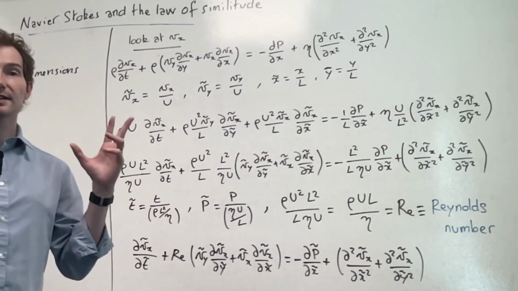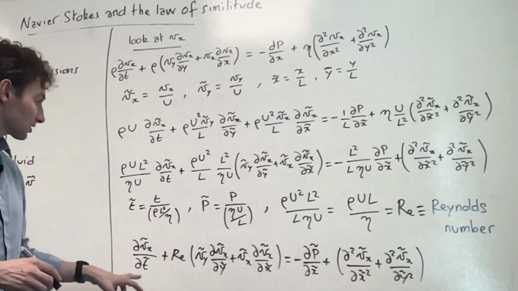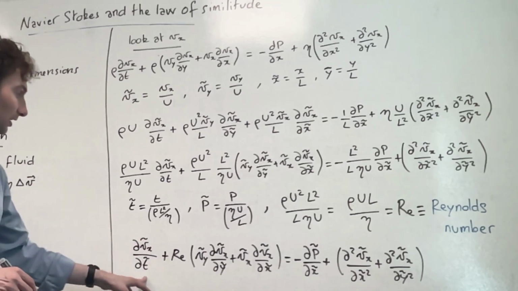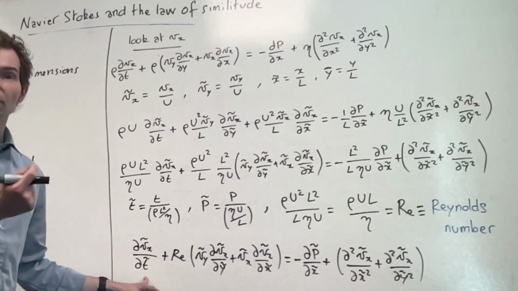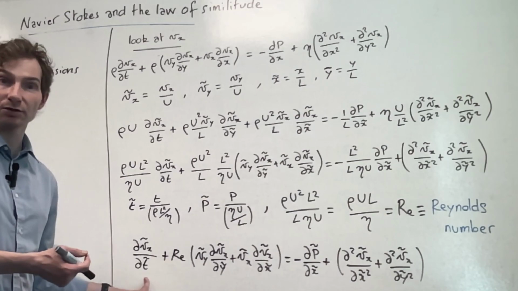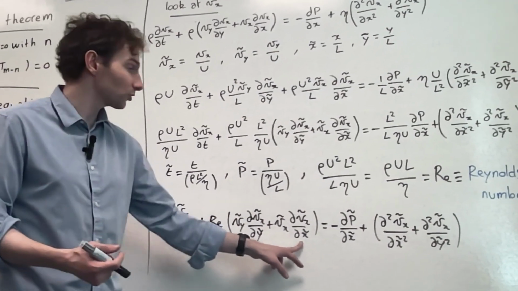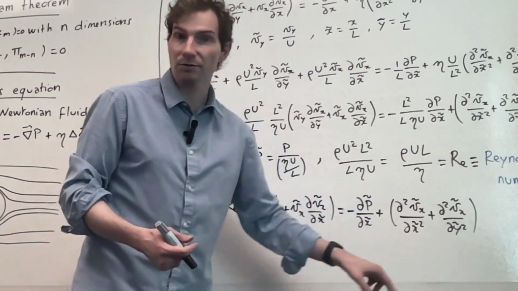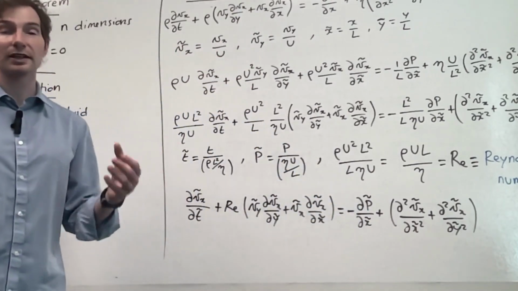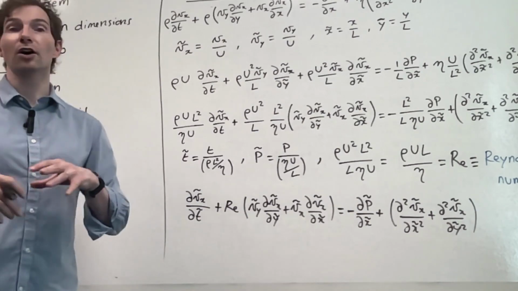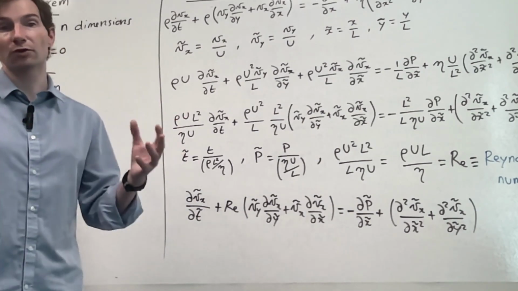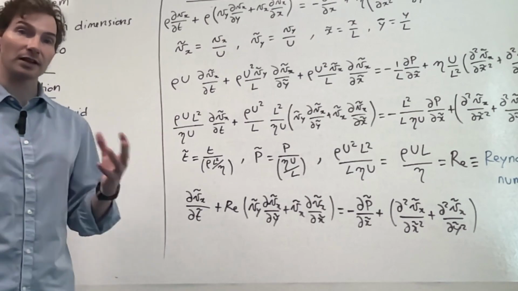Okay, so these are scale-free equations, right? Because this term here is completely dimensionless. It does not depend on the units you're going to use, and none of these terms are going to depend on the units used. They are simply ratios of characteristic variables with characteristic parameters, and that's it.